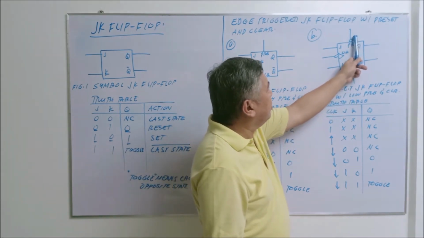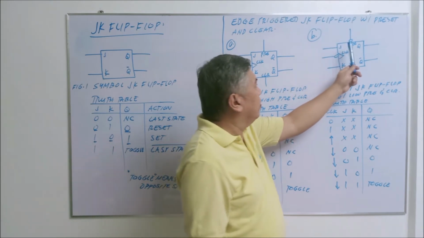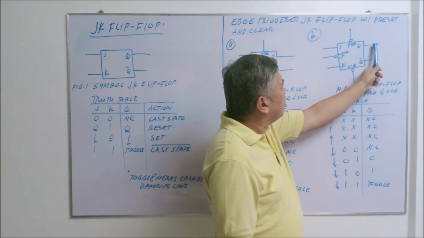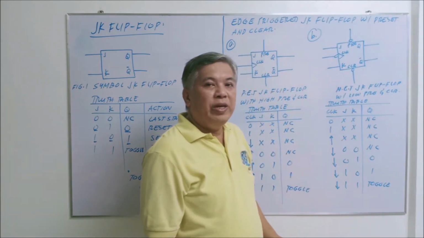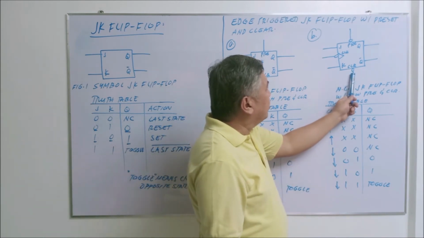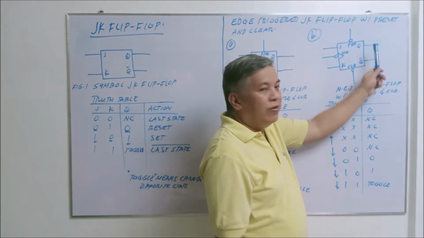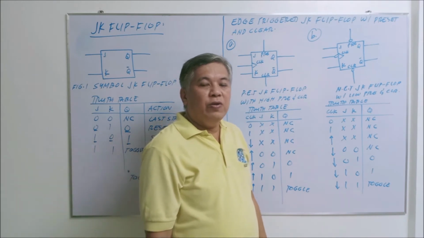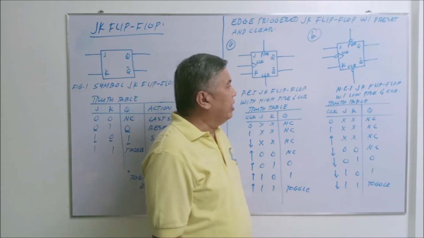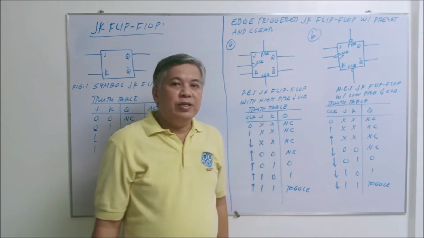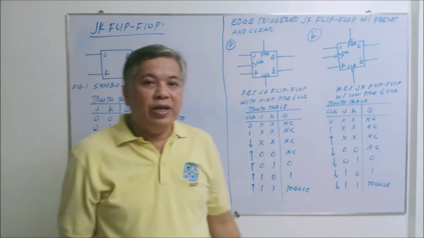If preset is used here, preset should have a value equal to 0, so that your initial Q here will be equal to 1. But if you use clear, again, the initial value of Q here will be equal to 0. Okay? So that is our discussion for the JK flip-flop.